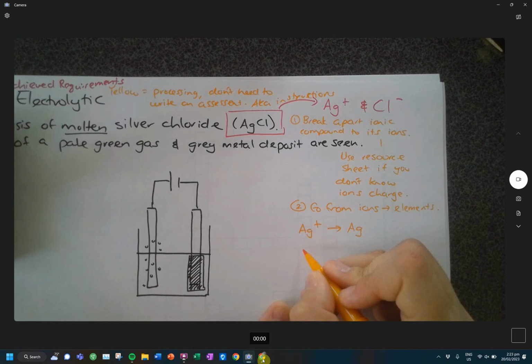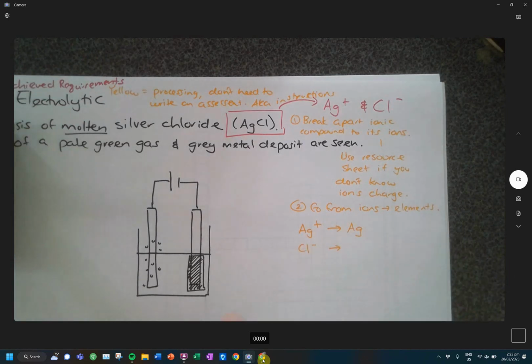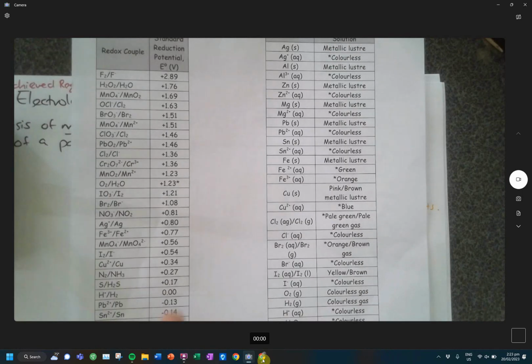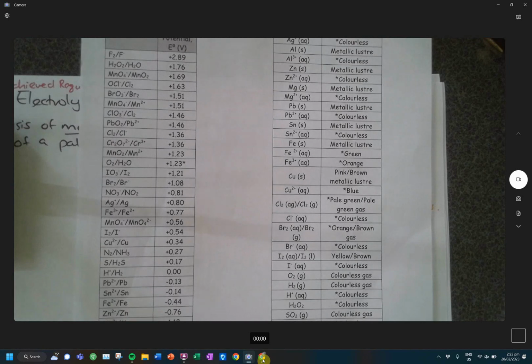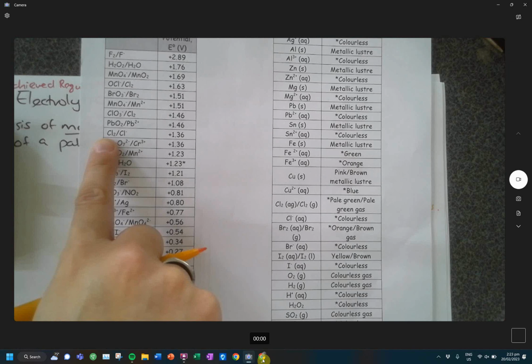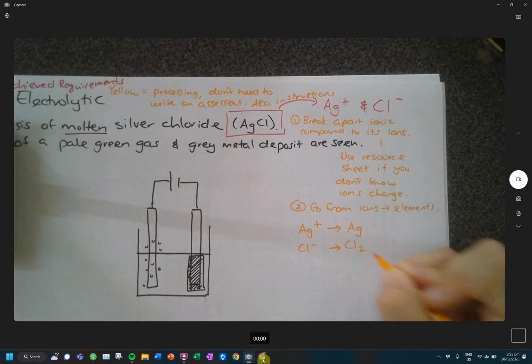And I should have Cl minus. If I'm not sure what it's going to go to, again, look at the resource sheet, see where else I see Cl. I see Cl here. I also see Cl, hopefully, on my list. If not, there it is, Cl minus, Cl2. So I can use the list to help me figure things out.